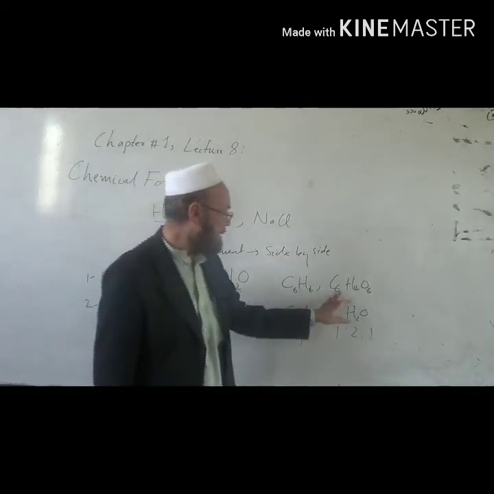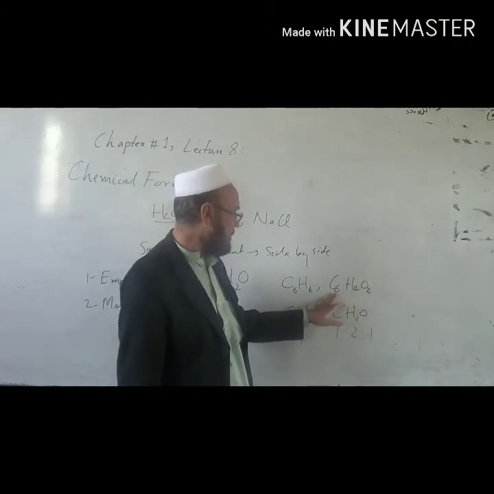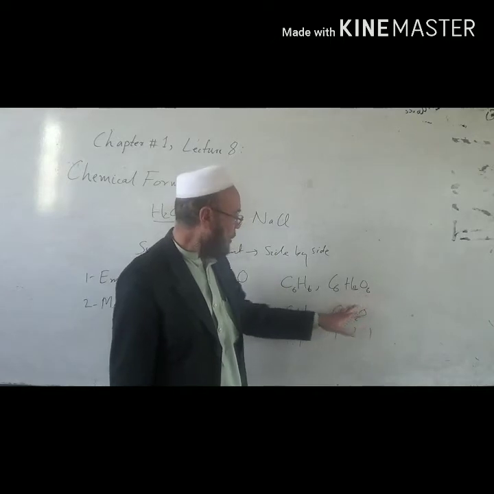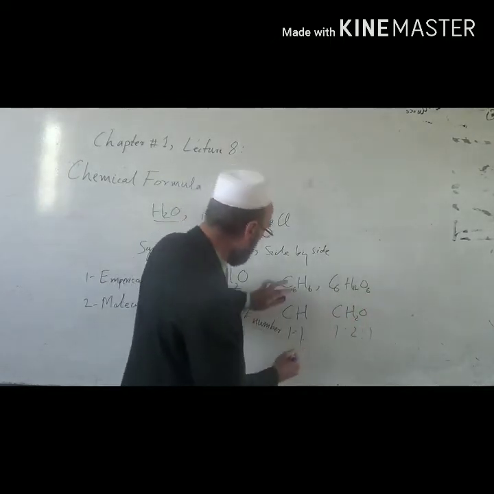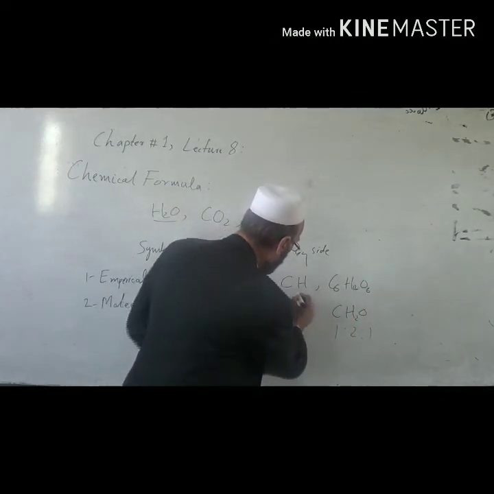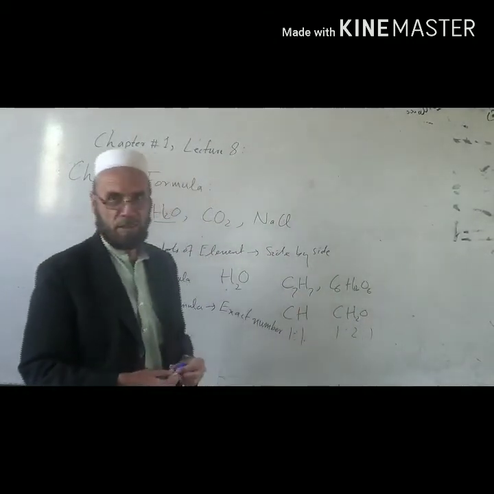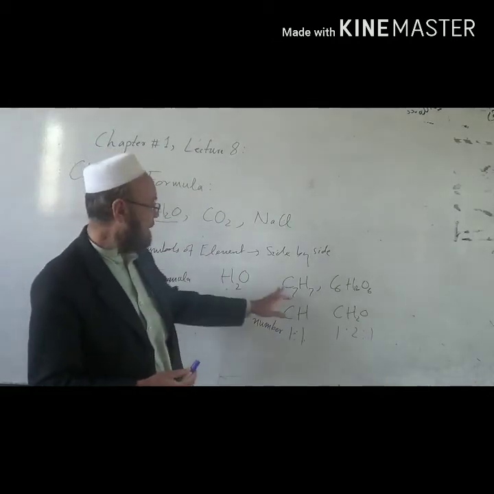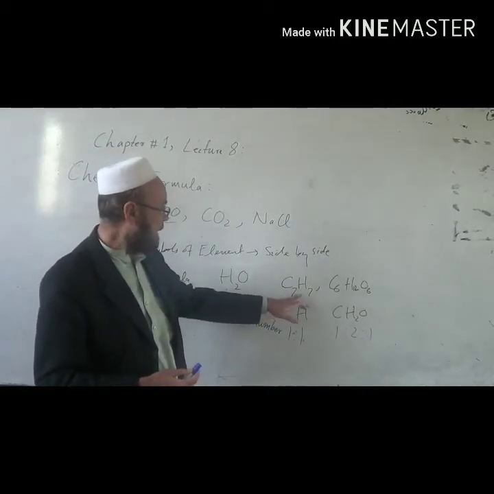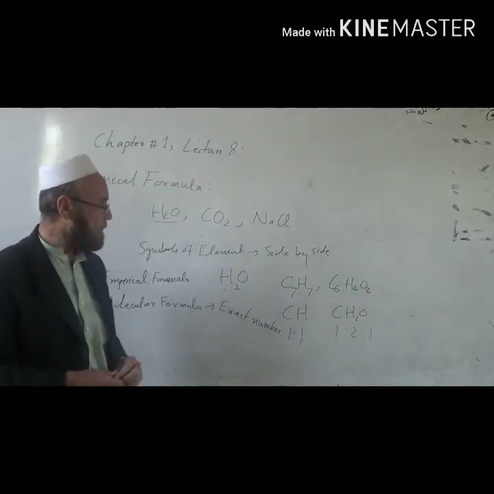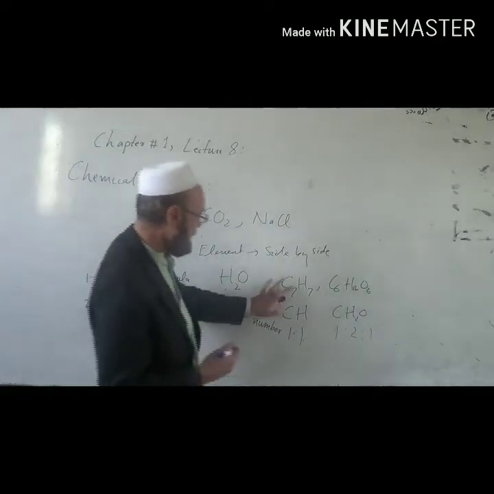Similarly here, the exact number of carbon in glucose is 6, hydrogen 12 and oxygen 6. So if we write these in other form, the ratio will remain the same. Here it is 1:1, but this is not the formula of benzene. 7 is not the exact number of the carbon and hydrogen in the molecular formula of benzene. Therefore, it is incorrect.